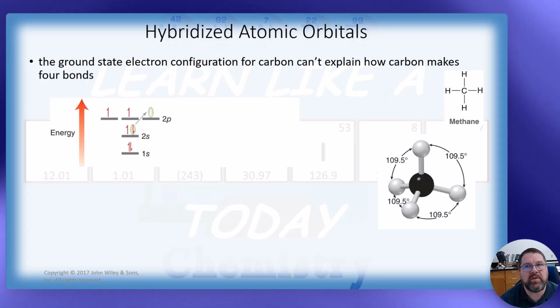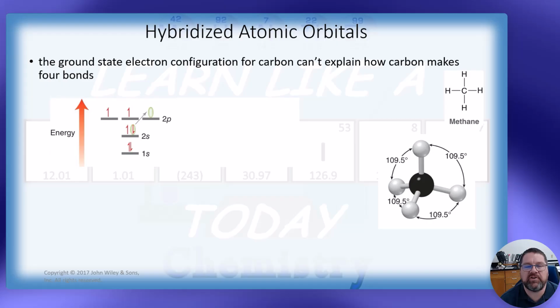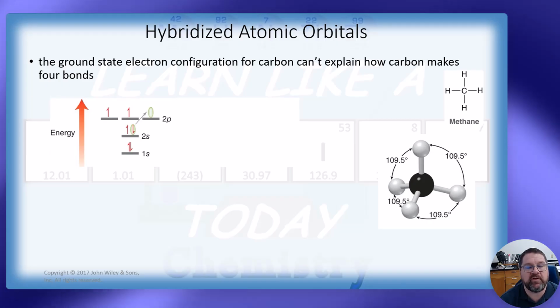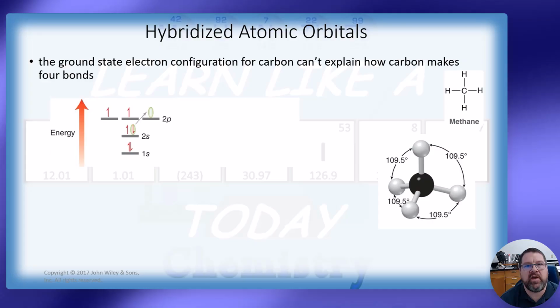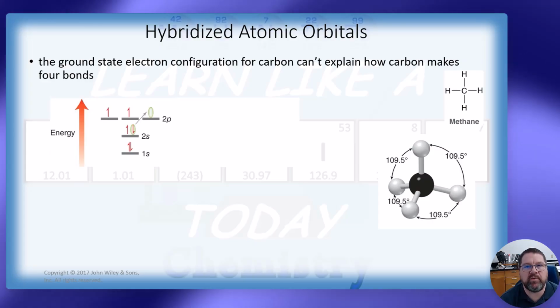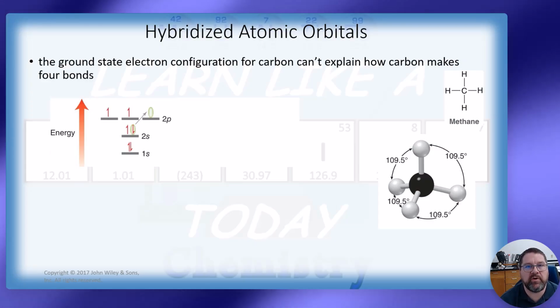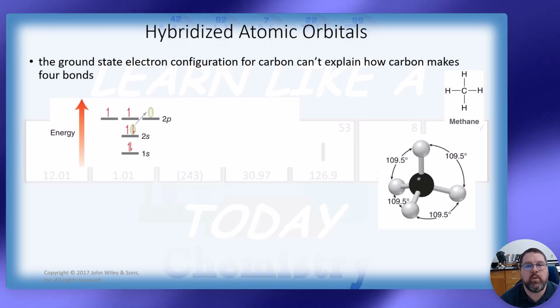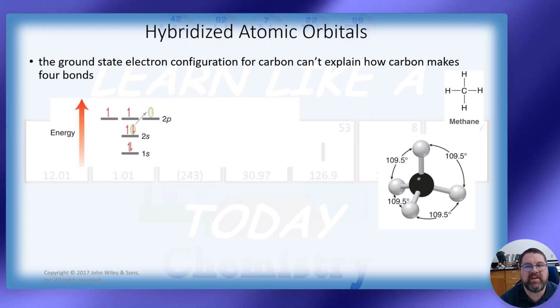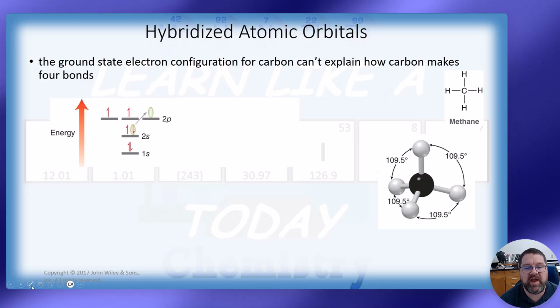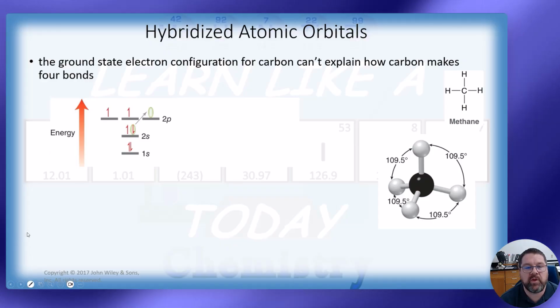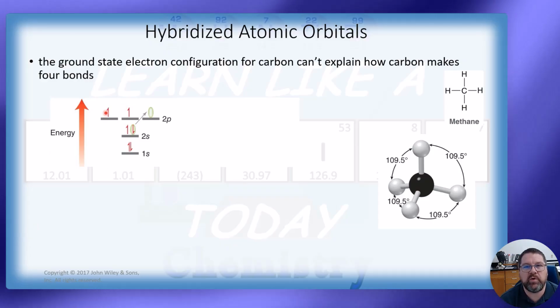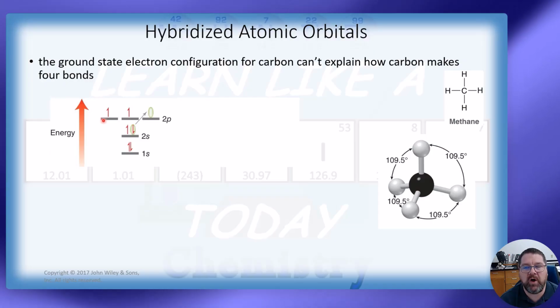So when we think about carbon and we write its configuration 1s2, 2s2, 2p2 for the 6 electrons that it has total, if we were to draw that out as an energy orbital level diagram, we would see what you see here, in that the carbon would only have 2 half-filled orbitals, which would mean that it could only form 2 bonds.